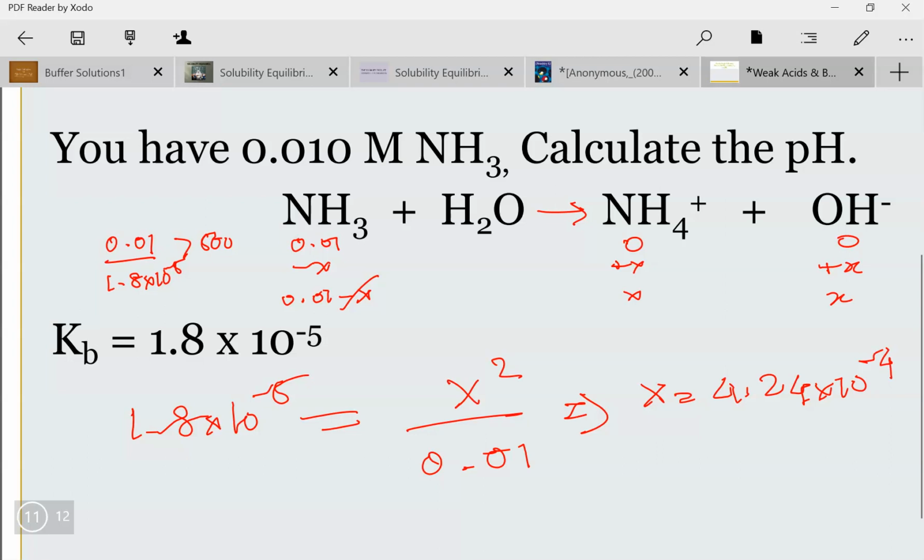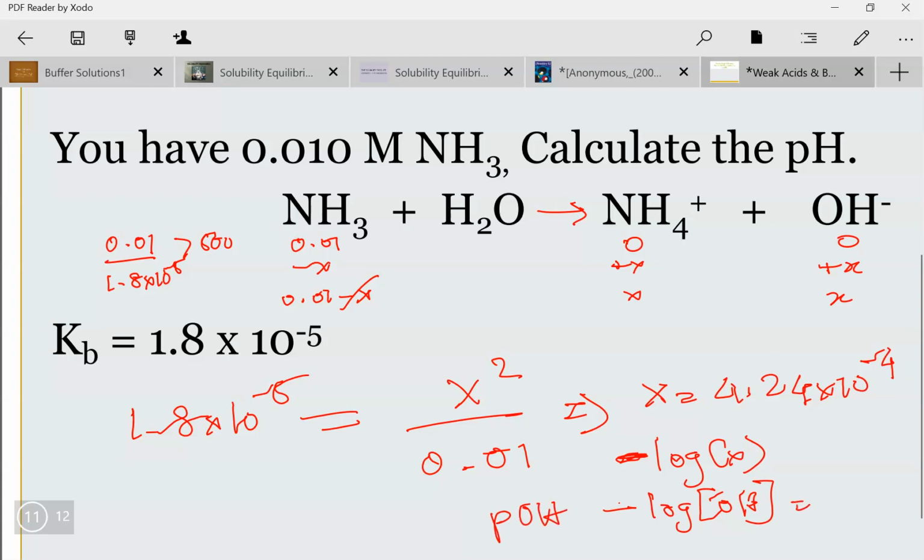The only difference here is when I go negative log of x, I'm actually doing negative log of OH minus, which is going to give me my pOH. So if I take negative log of that, I get 3.37, which is still not the final answer because I always want a pH value. So I do pH equals 14 minus 3.37, which is 10.67 pH.